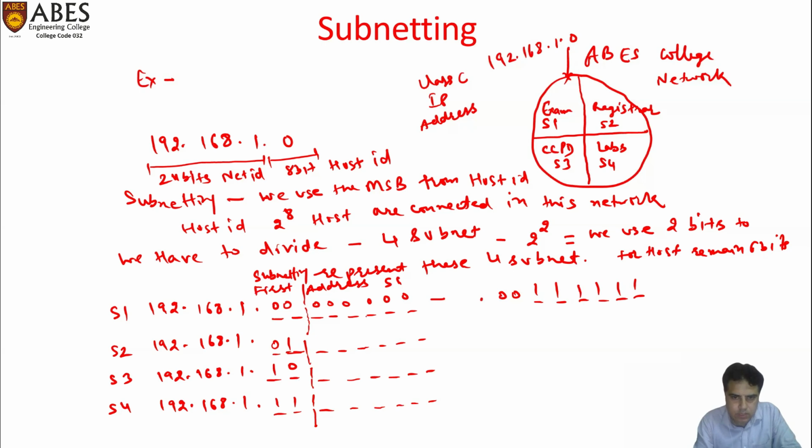When we convert this into a decimal number, all ones give 63. This is the last address for the subnet S1.